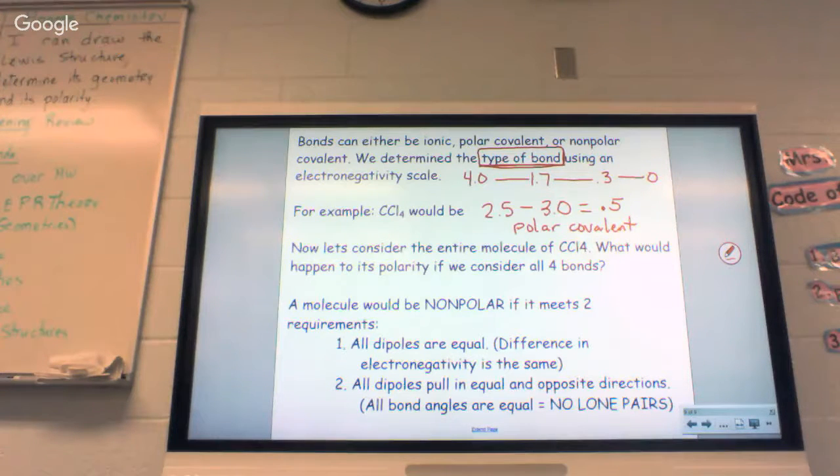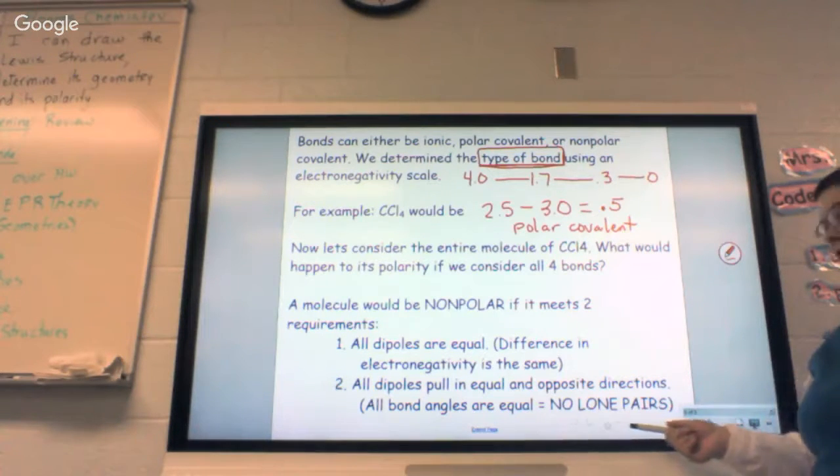All right. The second requirement: all dipoles pull in equal and opposite directions. Now, that essentially means the bond angles are equal. How are you going to know if the bond angles are equal when I didn't teach you all the bond angles? I'm not going to make you know all the bond angles. I put 3 on your sheet. So, the bond angles are equal if there are no what? No lone pairs. Where are the lone pairs that are important?